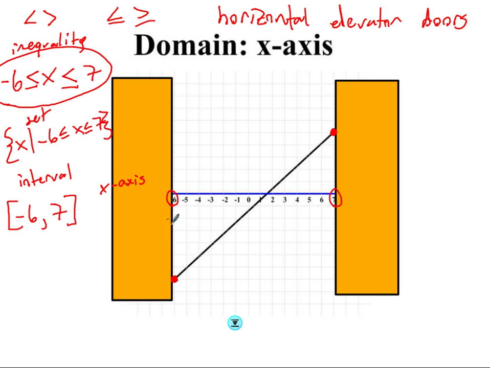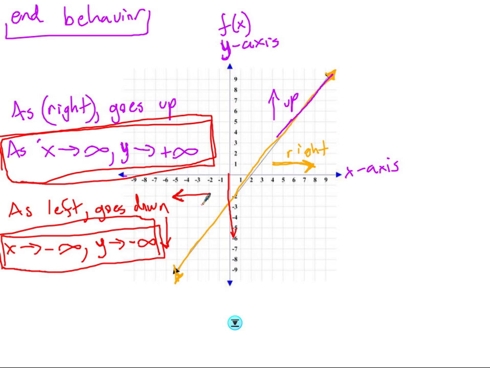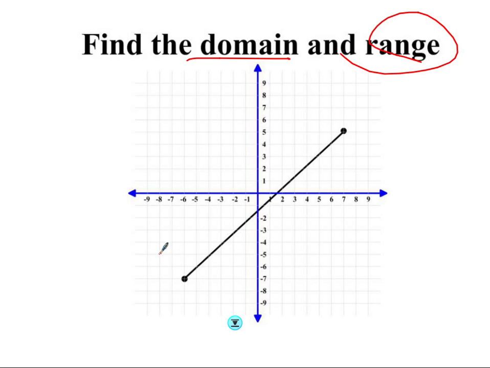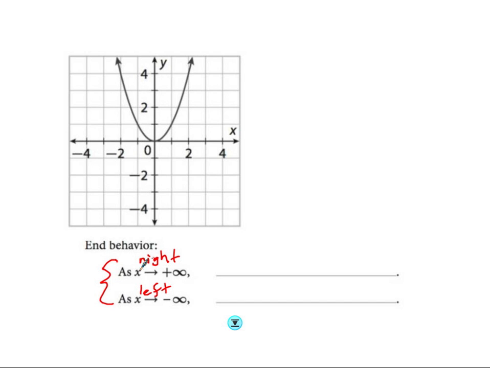So what do we have to add to this? Well, we basically have to find if we're going up or down on the graph. So looking at this, as we're going to the right on the graph, you can see that the graph is going up.